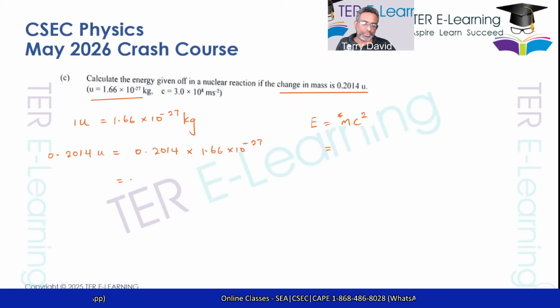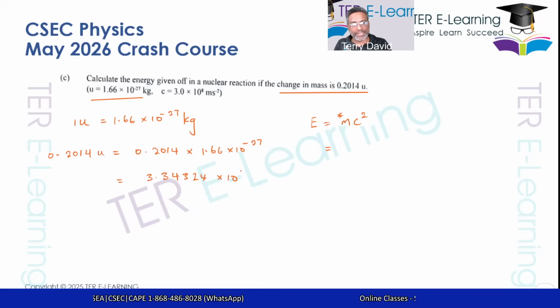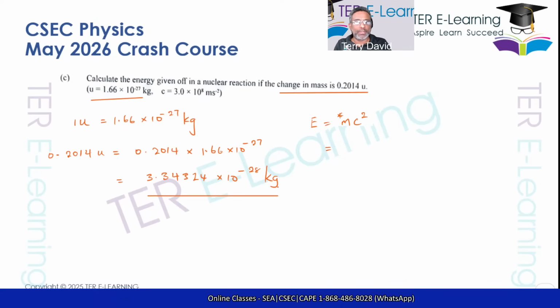This is one of those questions where we don't round anything. We're working with every single thing you see on the calculator. So it is 3.34324 by 10 to the minus 28 kg. I'm not rounding off anything at all. I'm working with this whole number. That's the mass change in this nuclear reaction.